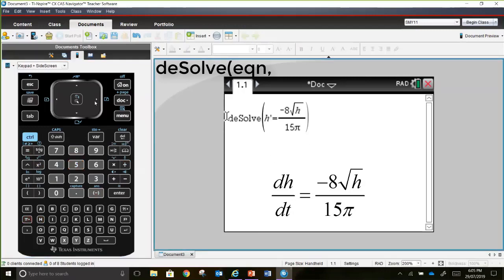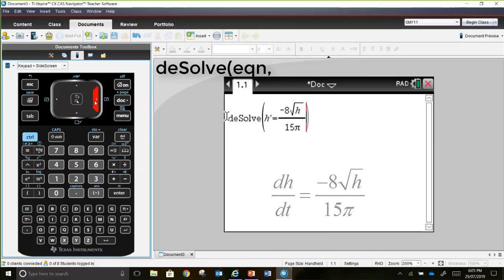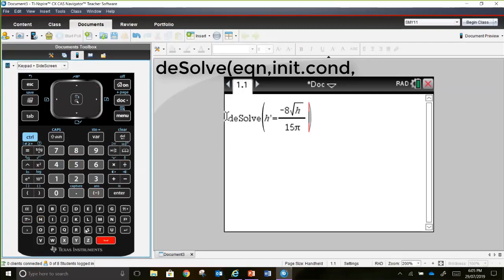Now if I use this arrow, I go back up, and I need to use the initial conditions. I put a space and type "and" and another space, and now I can put h(0) is equal to 2.25.